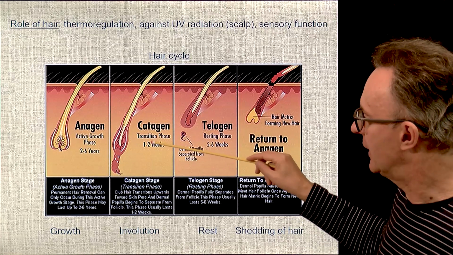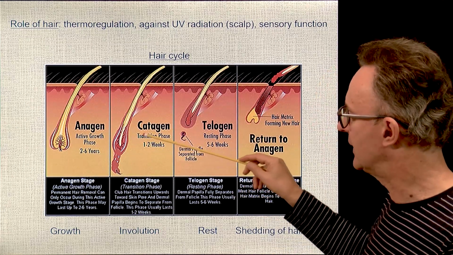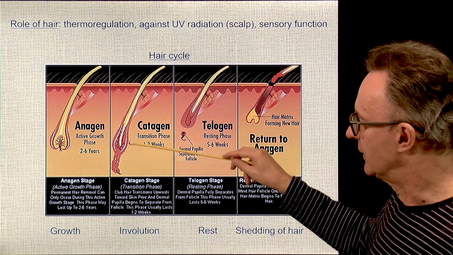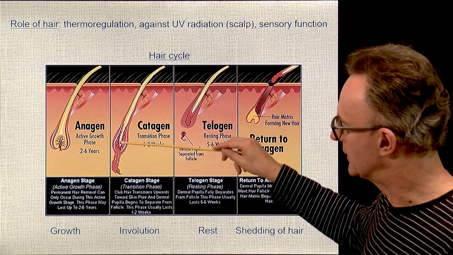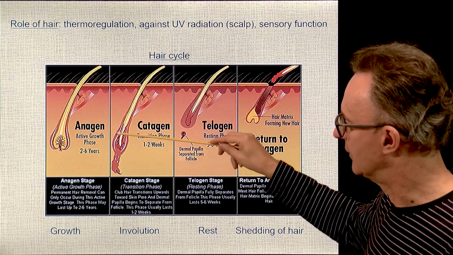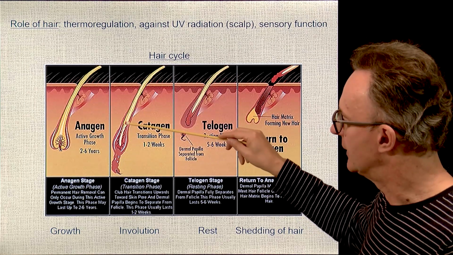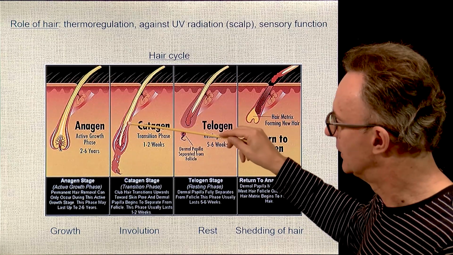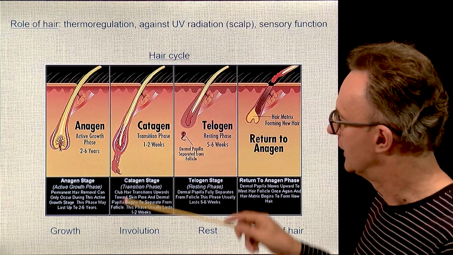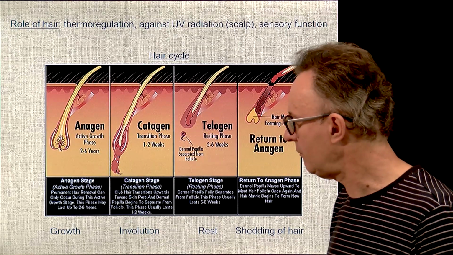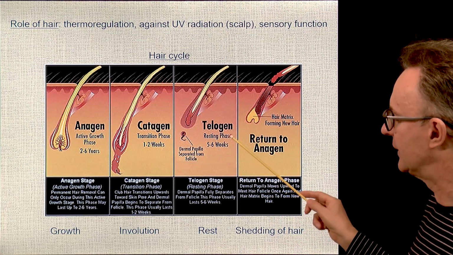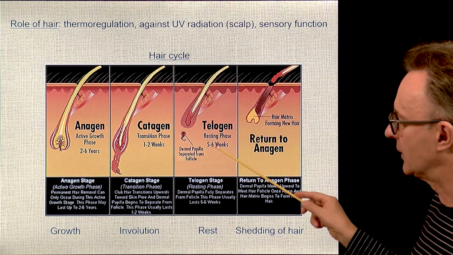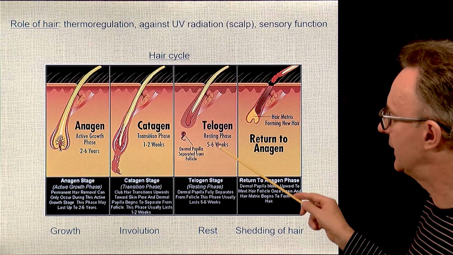And then we have the so-called catagen phase, the transition phase, which lasts only a few weeks, when the dermal papilla starts to be separated from the bulb, and the hair shows a special club at the end. Then it continues in the telogen phase, the resting phase, which lasts for 1 to 2 months, let's say.